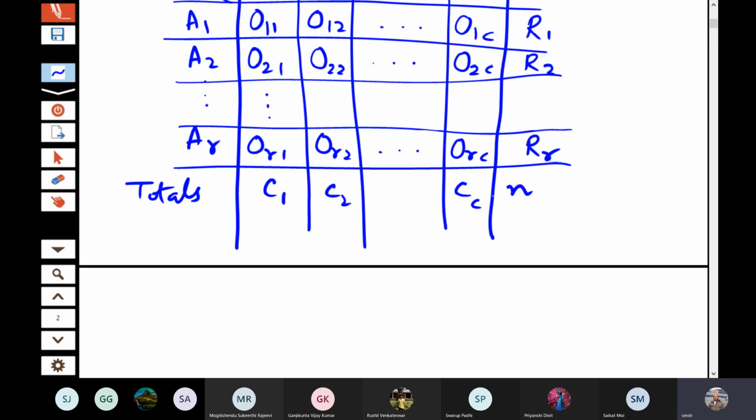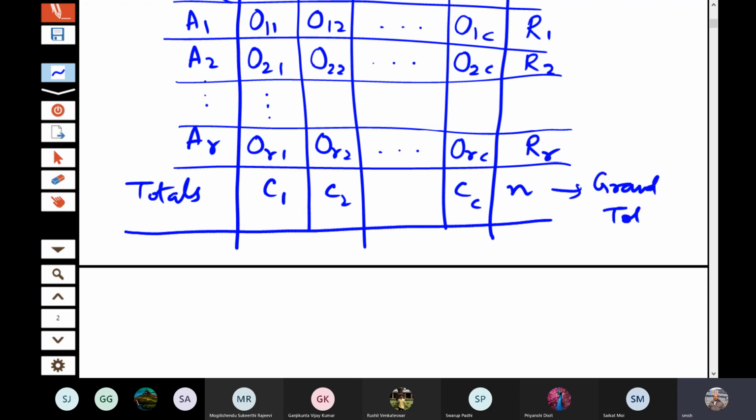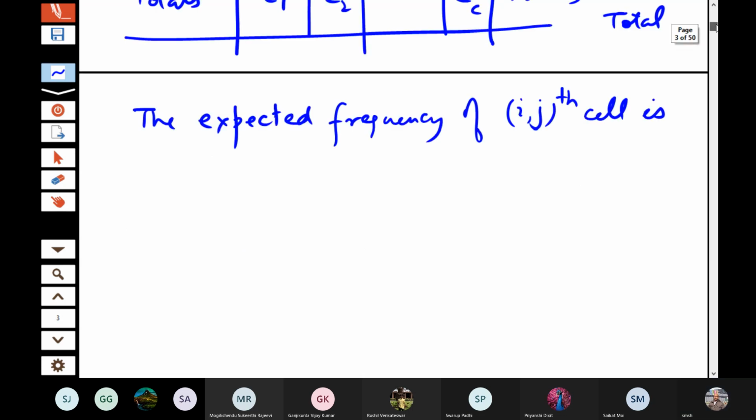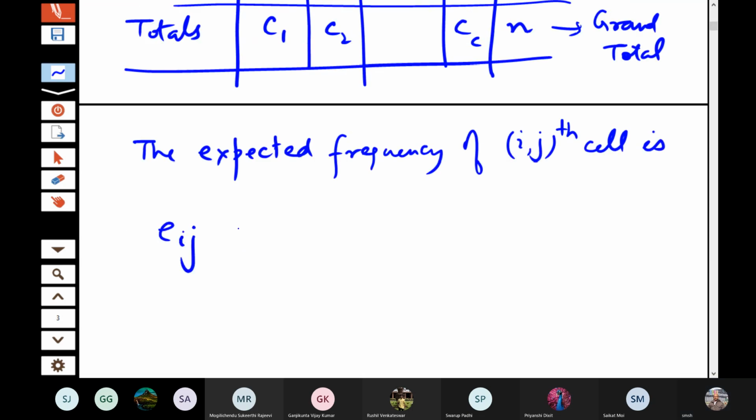This total is N. Eij is equal to Ri into Cj divided by N.